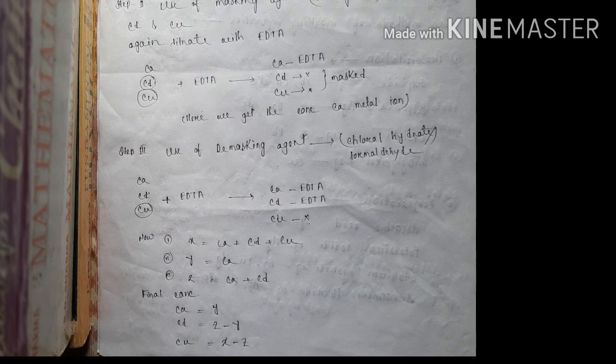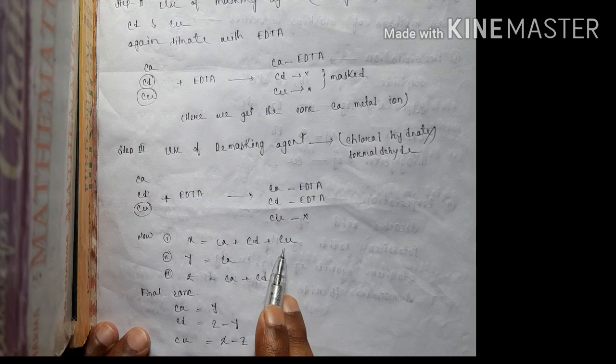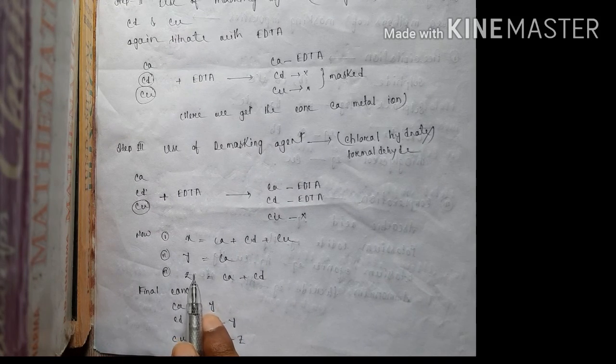From this, after calculation, we are able to get the concentration of each metal ion. You can see this X: from step 1, we get the combined concentration of calcium, cadmium and copper. From step 2, we get the concentration of calcium, which is Y. In step 3, we take Z as the combined concentration of calcium and cadmium.